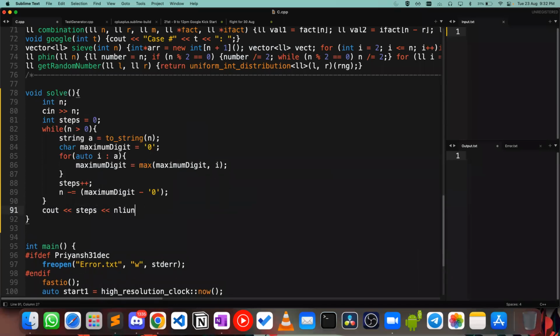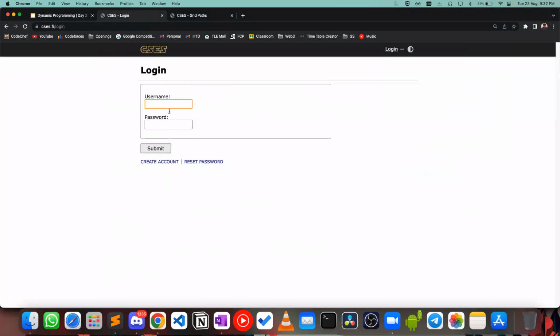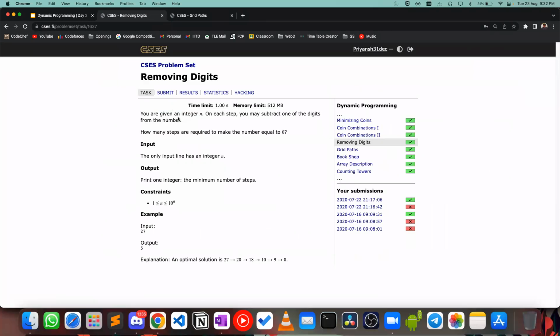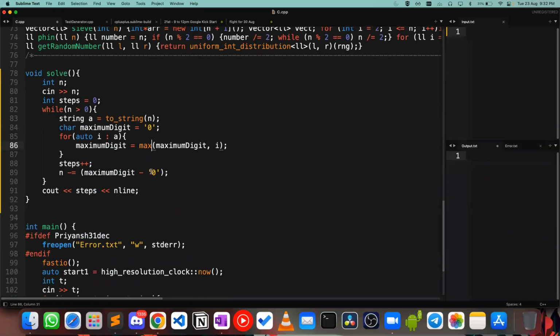So is the greedy idea clear? What have we done here? This part should make sense. Okay, let's submit this and let's see if it works. So let me log in here. Okay, where do we have this code?